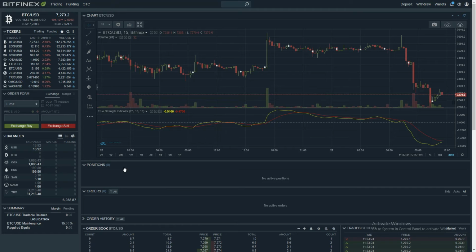So this means if the Bitcoin value goes from, say, $10,000 to $11,000, instead of making $1,000 with 1 Bitcoin, I've now made myself 10 times that amount, or $10,000. Conversely, I can lose the same amount of money.